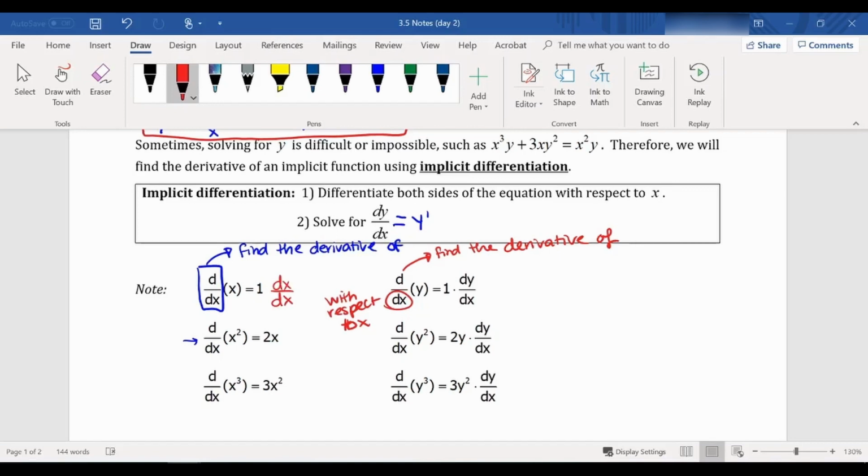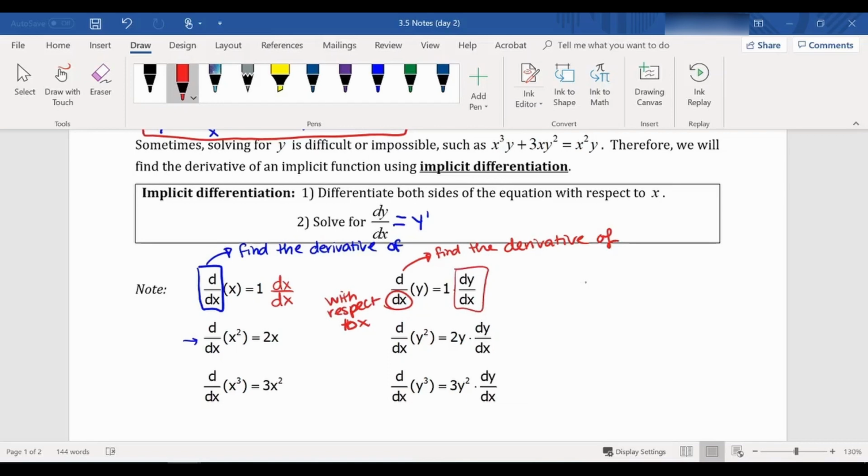If we just have 1, this means I found the derivative of x with respect to x, and that gave me 1. The difference between these two is that if you're finding the derivative of a variable with respect to itself, we don't need to write this extra notation. This tells me I took the derivative of a different variable with respect to x.